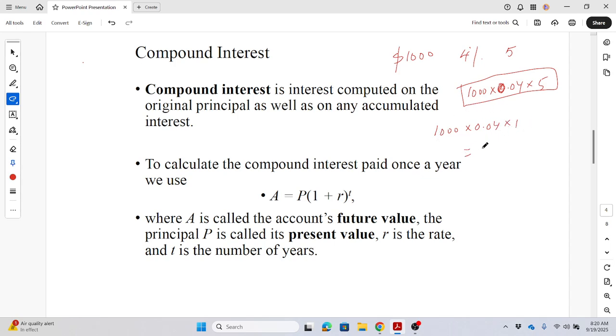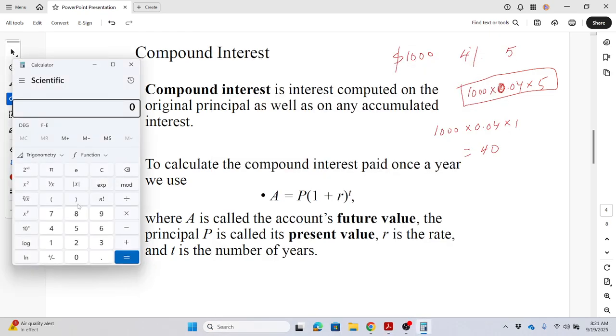That would be 1,000 times 0.04, which is $40. That's 4% of the $1,000. After a year you are going to make $40 interest.